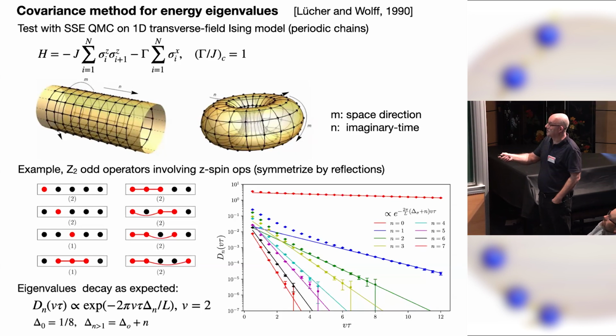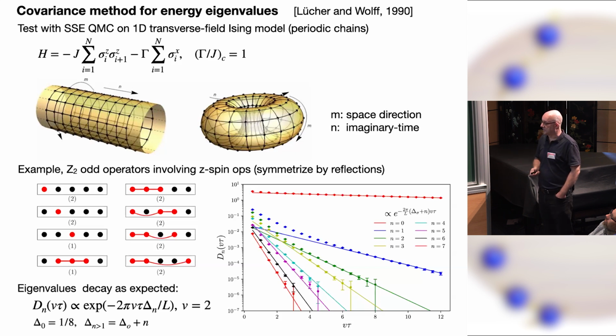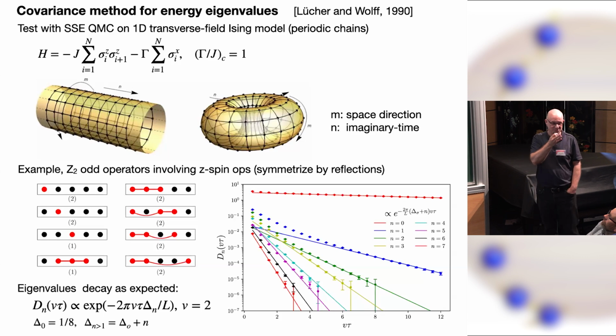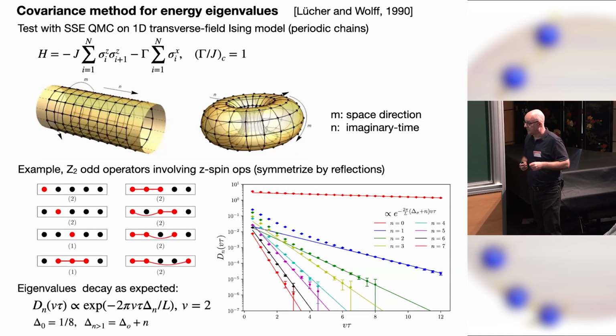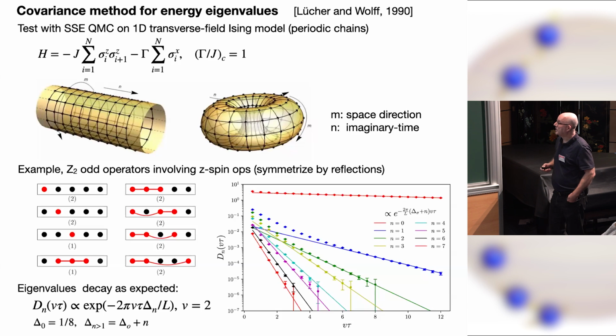Anyway, these lines here indicate the expected slopes on this log-lin plot, and they correspond exactly to the primary, which is Z2 odd, so the primary scaling dimension is 1/8, and then we have the descendants. I think this is, Rich, what you referred to that you are doing, and what I think people like Emily here are doing for the fuzzy sphere as well.